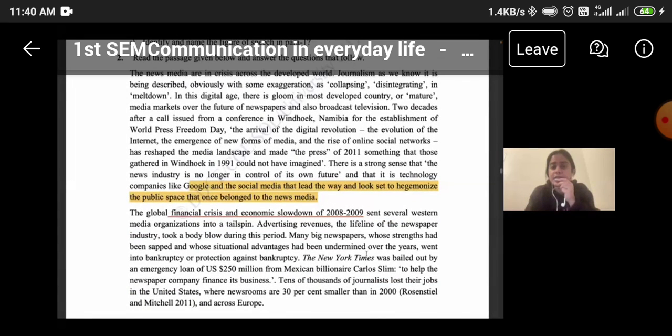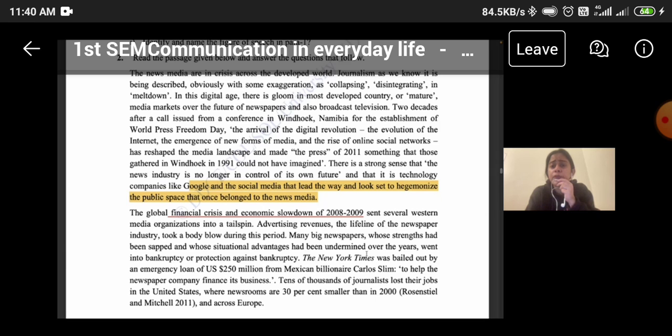The news media are in crisis across the developed world. Journalism, as we know, it is being described obviously with some exaggeration as collapsing, disintegrating in meltdown.